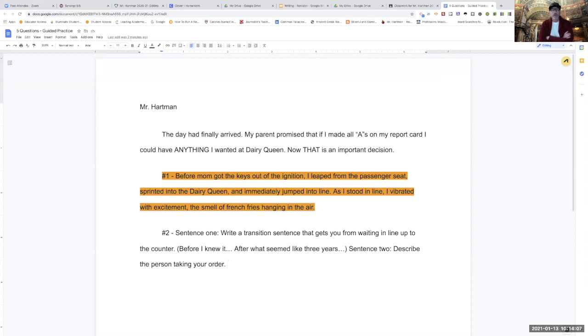So you're describing what's happening around you, okay, which is one of the strategies that we've talked about, one of the good writing strategies that we can use in any genre of writing, but especially personal narrative, right? We're creating images that the reader can read and visualize. That's our job as a writer, is to put the reader in a scene, okay, to make it real for them. That's what we're doing right now. So describe that person taking your order.